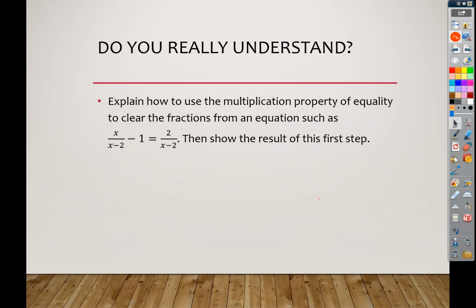So explain how to use the multiplication property of equality to clear the fractions from an equation such as the one below, and then show the result of this first step. So the first step would be to multiply both sides of the equation by the least common denominator, and then that is what you would get if you did.